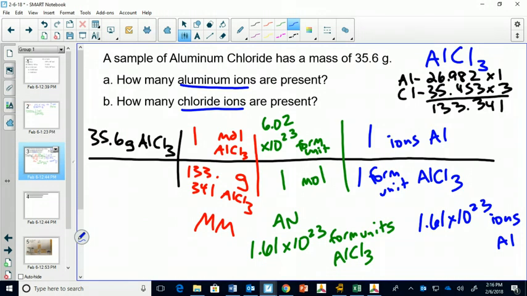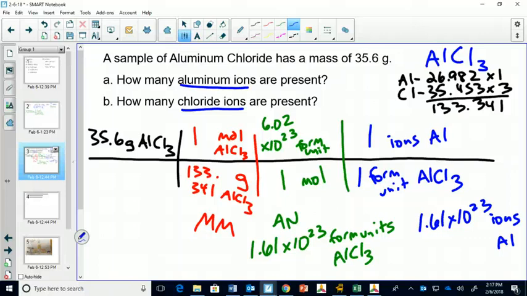Does that make sense? We go back to the models. I see some faces that are a little questioning. How many total models do I have here? I've got 4. Each model has 1 aluminum, right? So how many total aluminums do I have? I've got 4, the same number as the models.